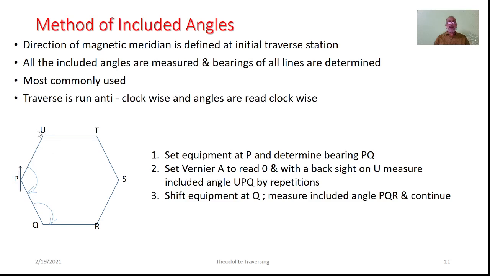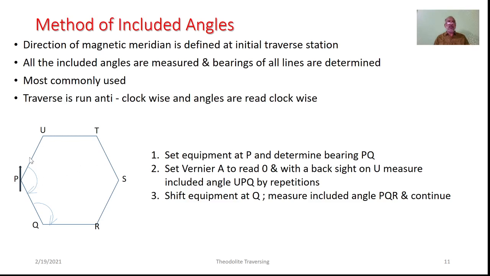Now we will only be measuring the included angles at each of the stations, the way we discussed in the method of repetition, that is face left thrice, face right thrice, and we have those angles averaged. By making use of the initial bearing, we work out the bearing of all other remaining lines.